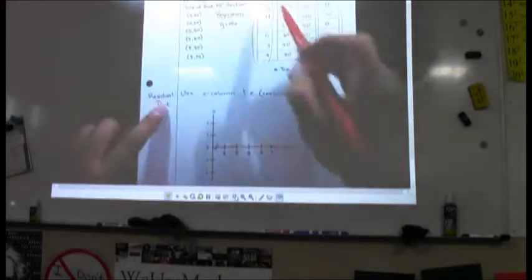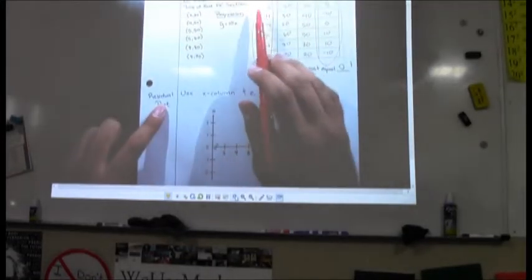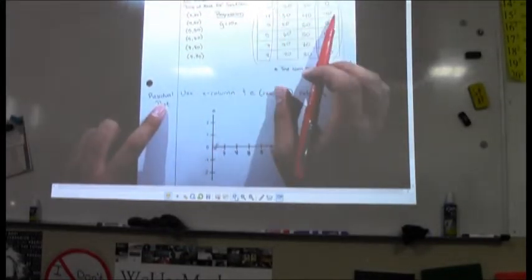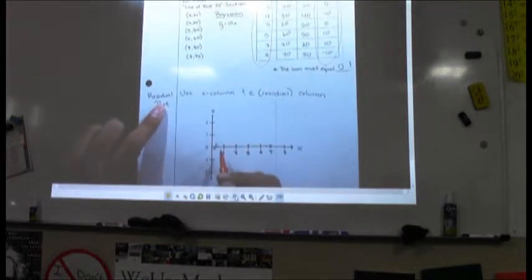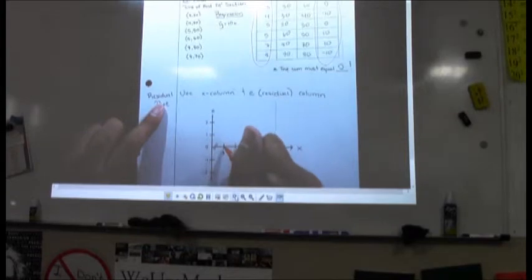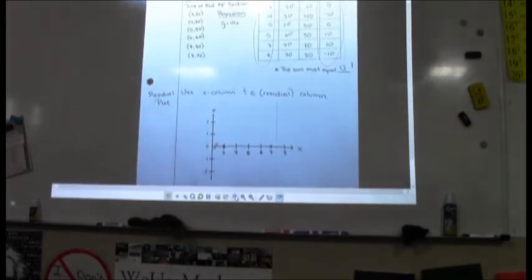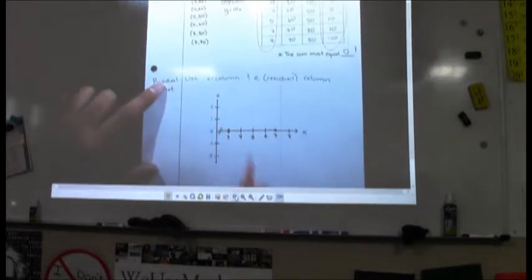So the first coordinate is 3, 0. That's right here. What's the next coordinate? 4, negative 10. Oh, actually, I forgot. We need to fix these units too.